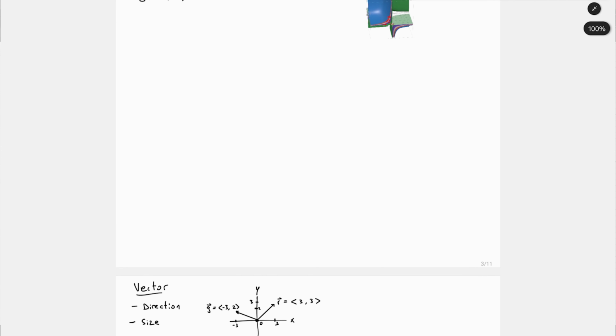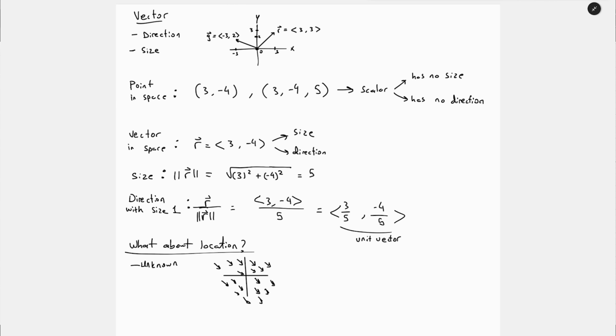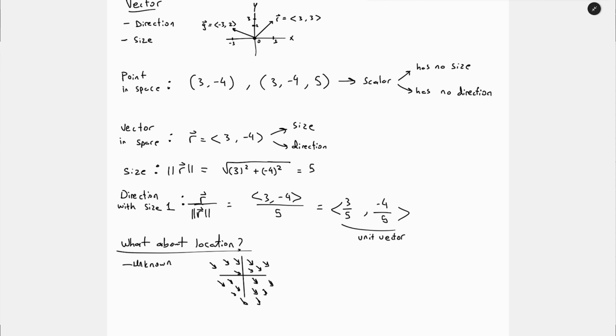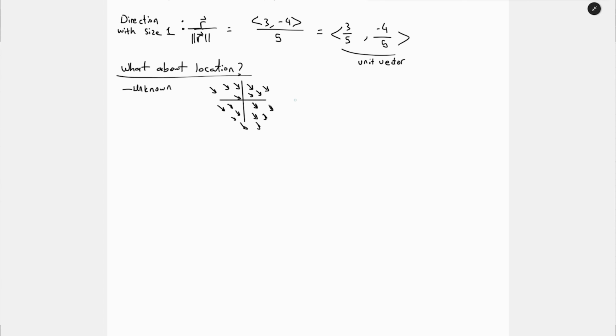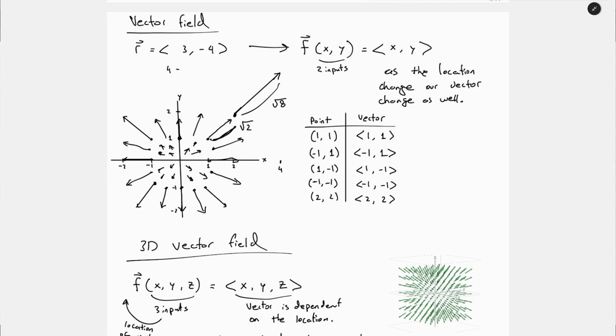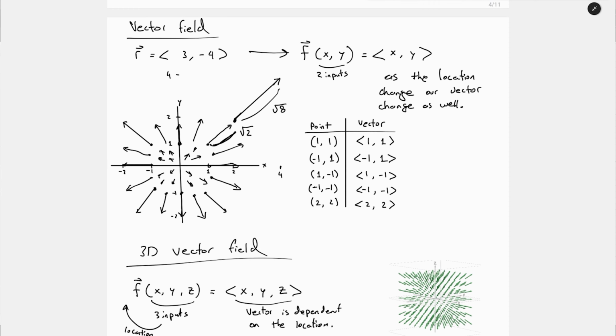And using those ideas, we introduced what a vector is, and the difference between a vector and a scalar function. Then we saw that a vector doesn't have a location, it could be anywhere. So we introduced a vector field idea, that now the vector has a location and the location changes the vector.